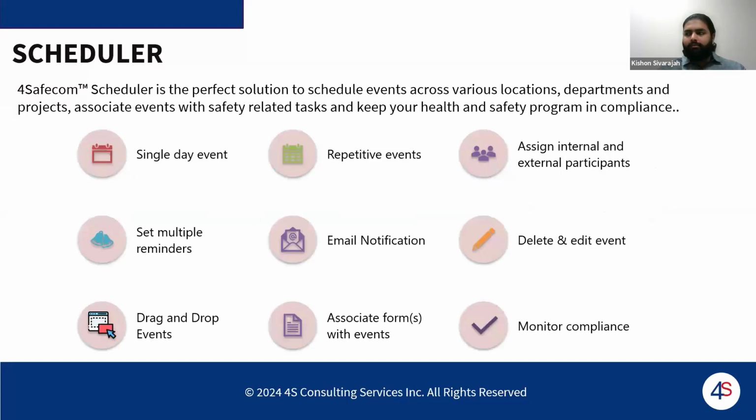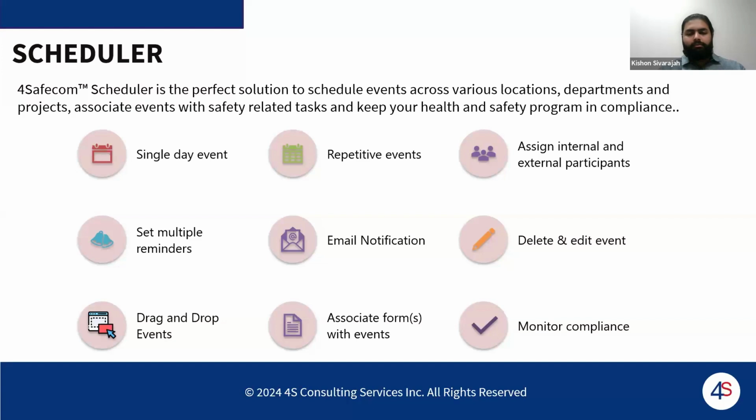Now, forms are created, approved, and available for employees to fill out. Now, you want to schedule an inspection that needs to be conducted on a monthly basis. You can use our ForSafeCom scheduler in order to schedule those events. It is very similar to any calendar like Google Calendar or Outlook Calendar, but the difference is it can be interlinked to the inspection module.